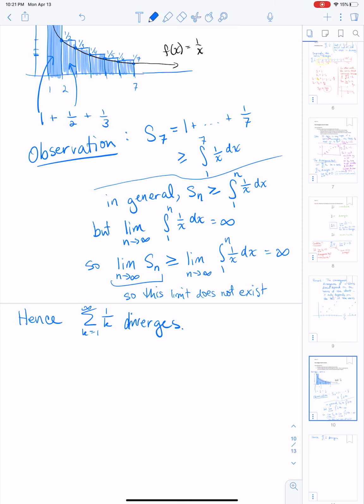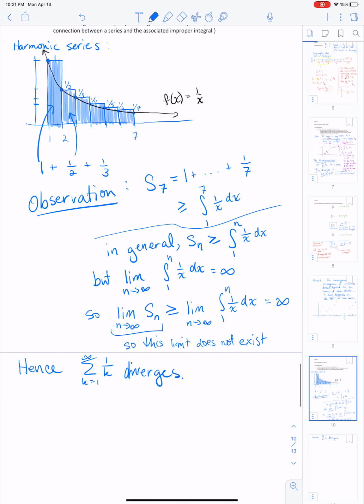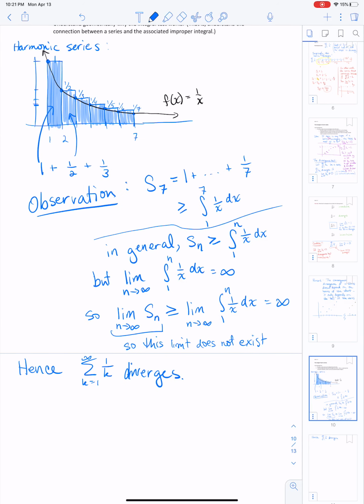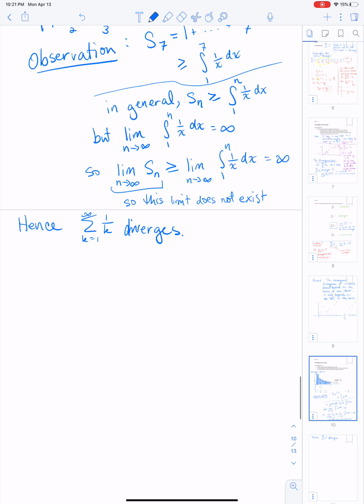Now we already knew that by a direct calculation, but the point here is that this correspondence is true in general. So I want to show you a more general picture.